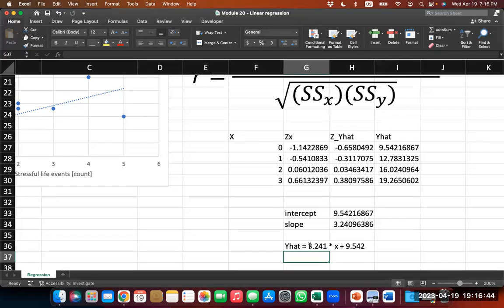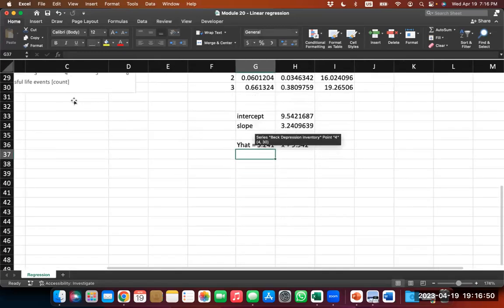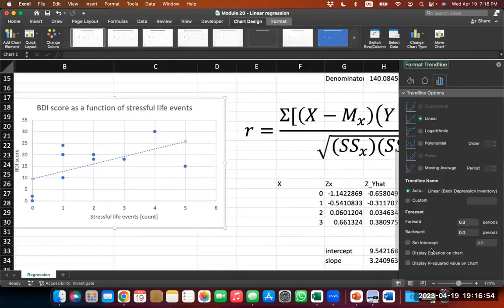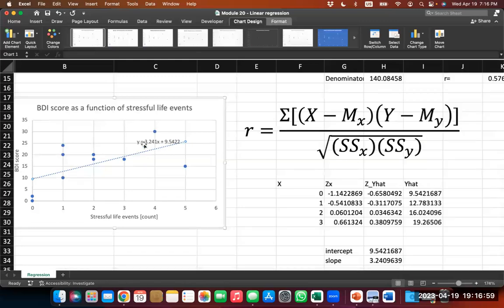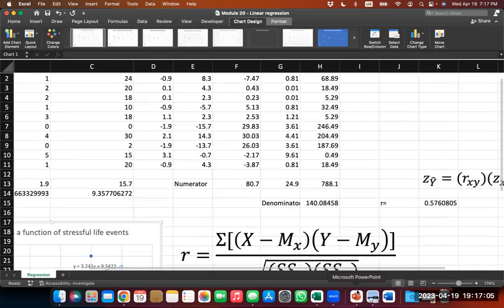That's all there is. That's all you need to know. That's considerably simple. Now we can test this by asking R or Excel to show us the equation: 3.241 and 9.542. Good. So that's how simple this is.